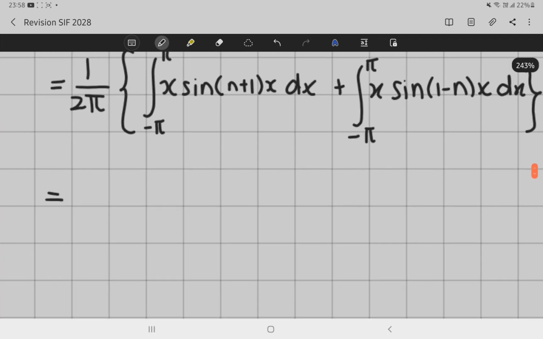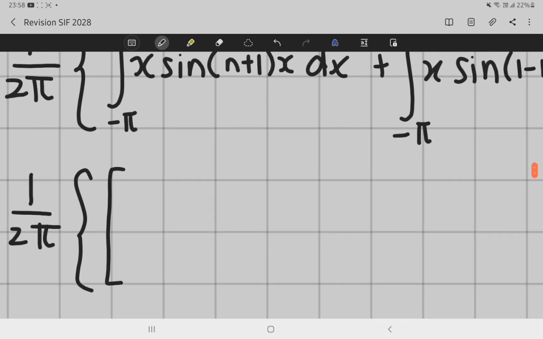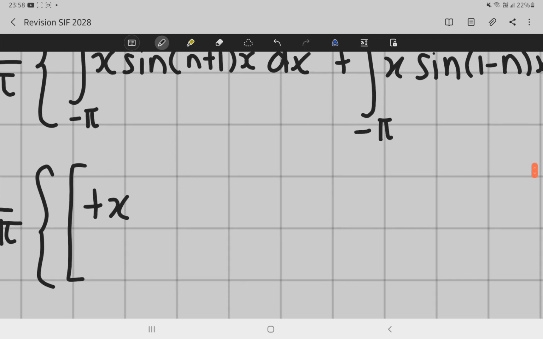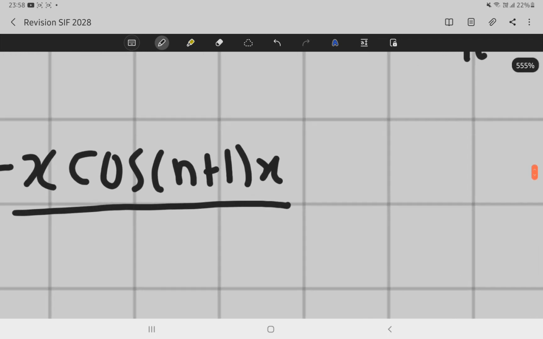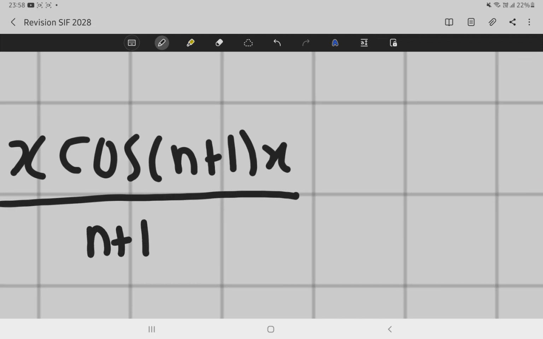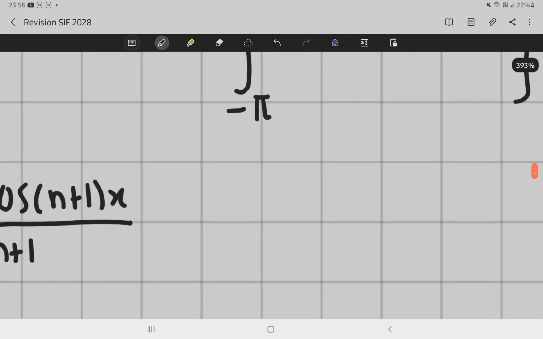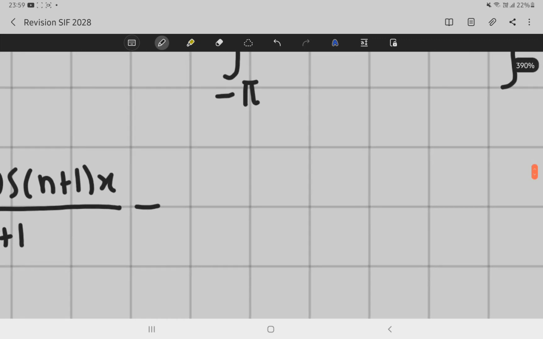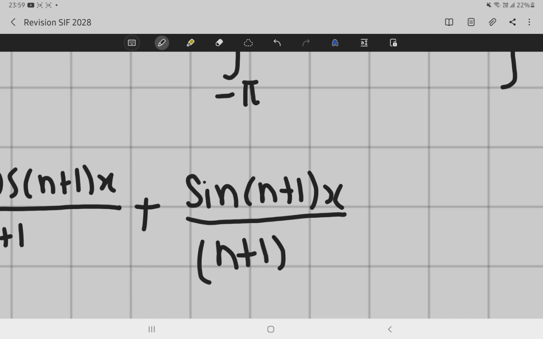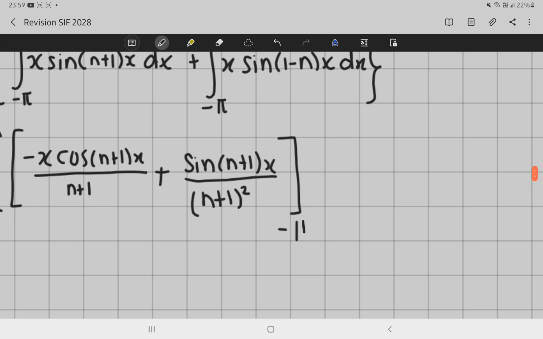So integration by parts again, 1 by 2 pi, so plus x, integration of sine is minus cosine, so minus cosine n plus 1 x divided by integration of the inner function, which is n plus 1 itself, minus derivative of x is 1, integration of minus cos is minus sine, so it's plus sine n plus 1 x divided by n plus 1 square, from minus pi to pi.